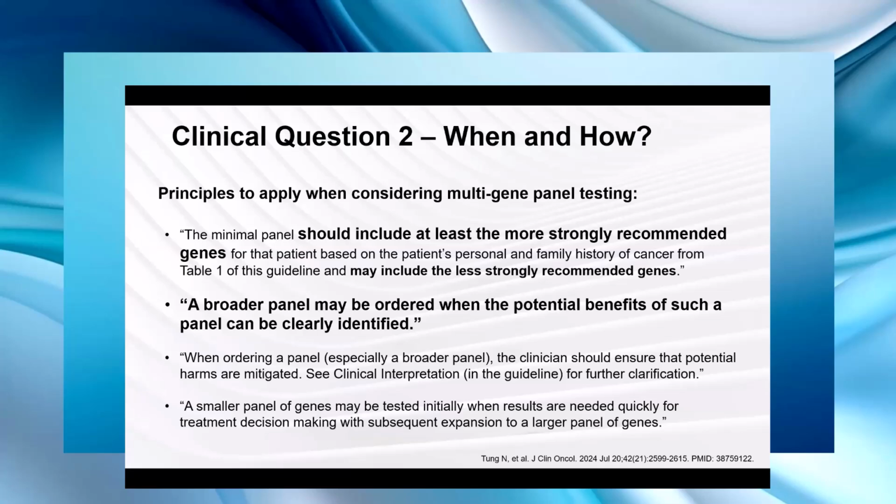They did acknowledge that smaller panels of genes may be tested initially when those results are needed quickly for treatment decision-making, and that you could continue to consider reflexing to a subsequent expansion of a larger panel of genes once those initial genes are interrogated.